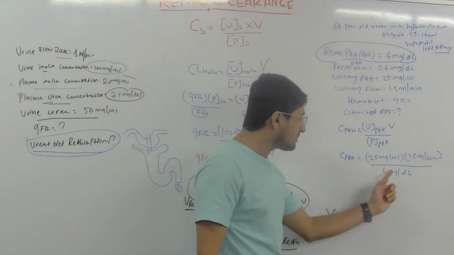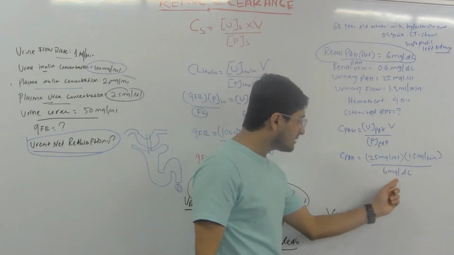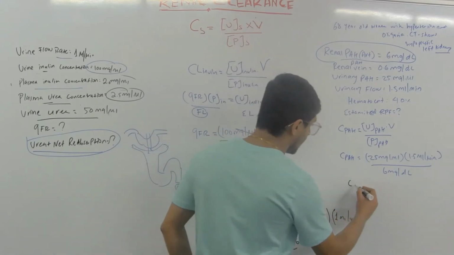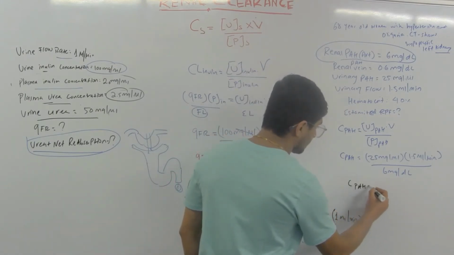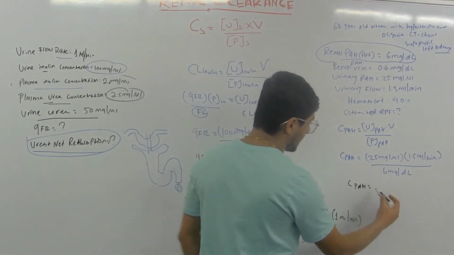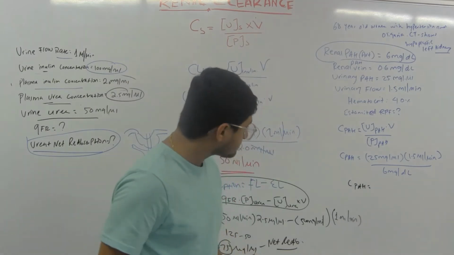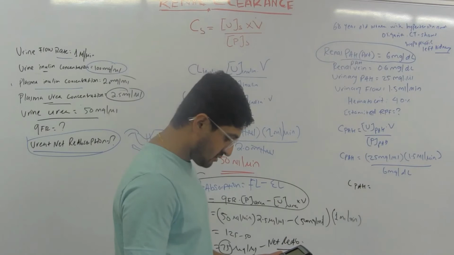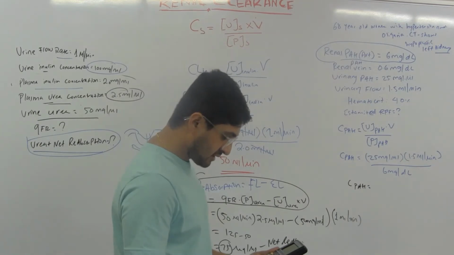If I do the math and convert, it would be 0.6. That's what it will give. So when I do the clearance of PAH, 25 times 1.5 divided by this 0.6, let's just do it quickly. So you have 25 times 1.5.